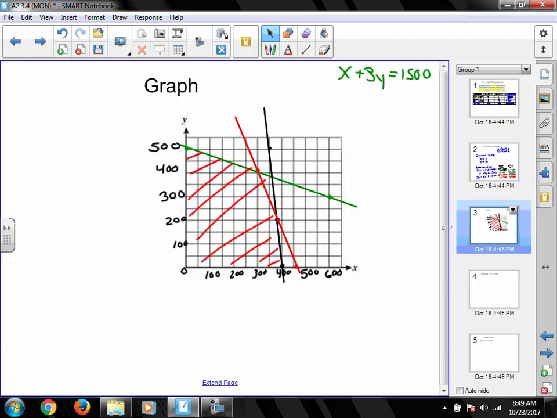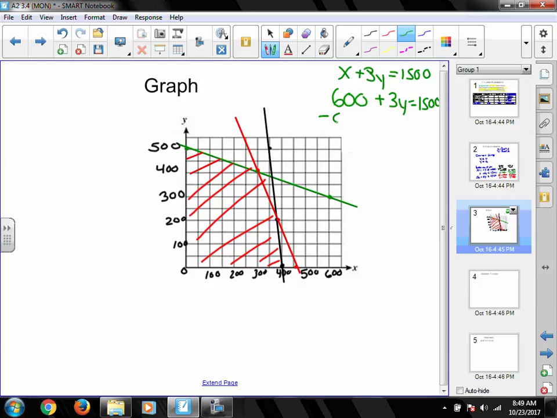What I do is I'm just going to pick an x value and I'll find my y, or I could pick a y value and find my x. I'm going to pick an x value of 600. Why 600? Well, it's going to give me the biggest spread of my graph that I can and make it pretty easy. So I then just plug that in. I get 600 plus 3y is equal to 1500. I subtract my 600 from both sides, and I get that 3y is equal to 900.